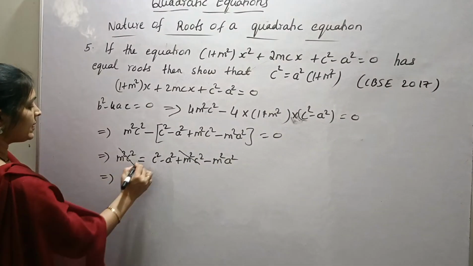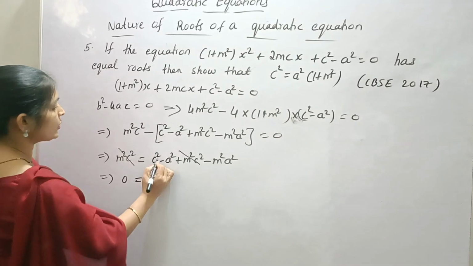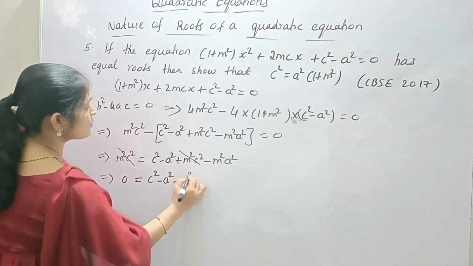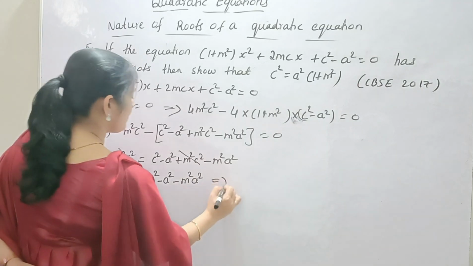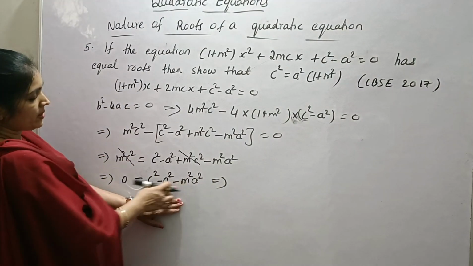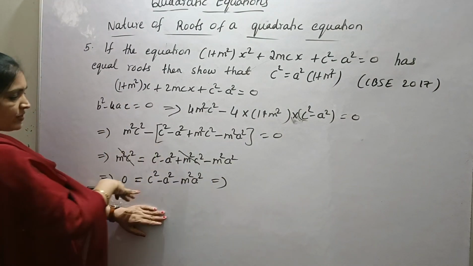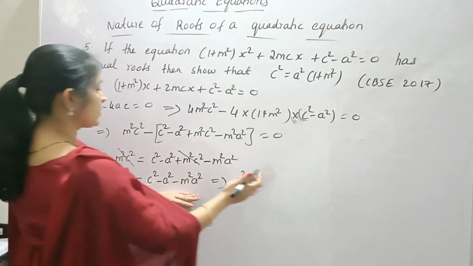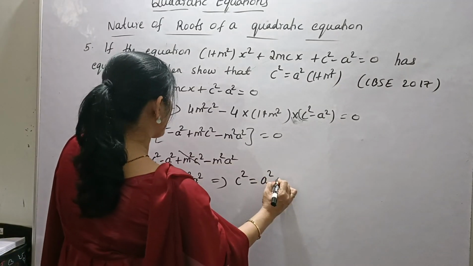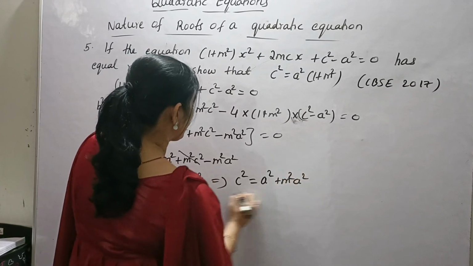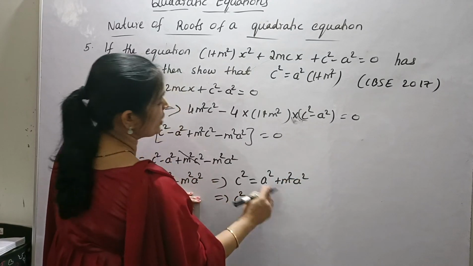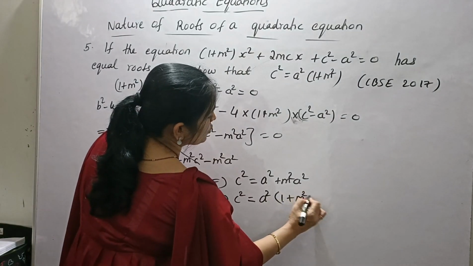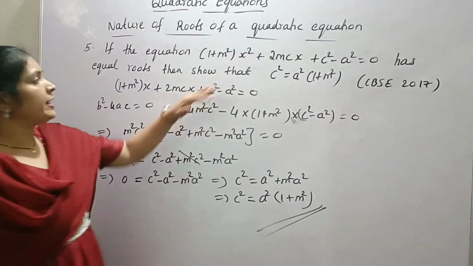This implies here it is 0 is equal to c square minus a square minus m square a square. That implies here, see, take this one left side, so here we will get c square is equal to a square plus m square a square. That implies c square is equal to, a square is common, take it out, a square into 1 plus m square. It is proved.